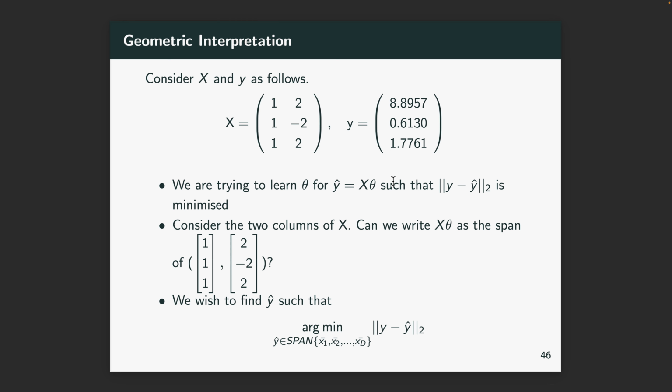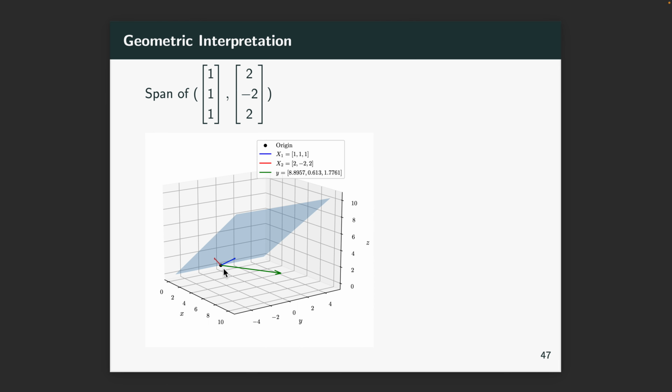If we continue on this line, we are now going to plot, in order to make the problem more approachable. We had earlier plotted our x1 and x2 vectors: my blue vector is 1 1 1, the first column. My red vector is the second column, 2 minus 2 2, and my y vector, the variable I'm trying to predict, is plotted as the green vector 8.89, 0.6, and 1.7761.